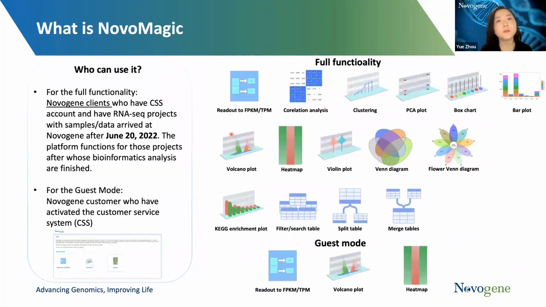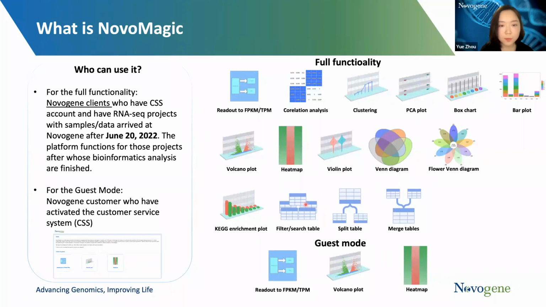And here's a bit more detail. Let's divide this into two parts. Let's talk about the functionality. Sorry about the typo. Here you can see a lot of analysis points, such as clustering, correlation analysis, and producing the volcano plot, heat map, violin plot, and a lot more.